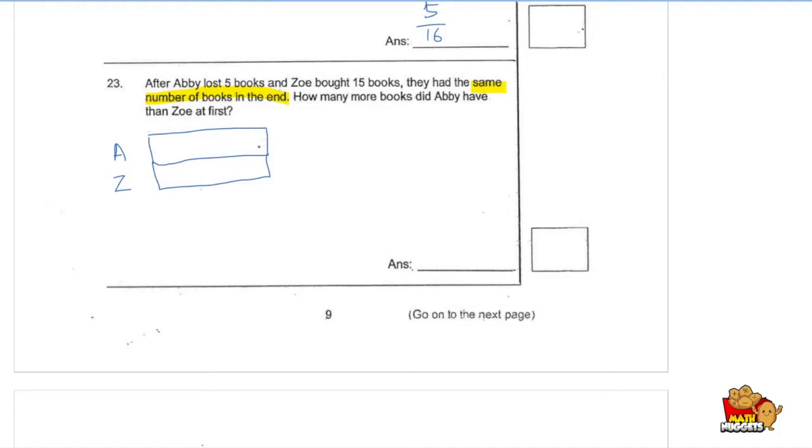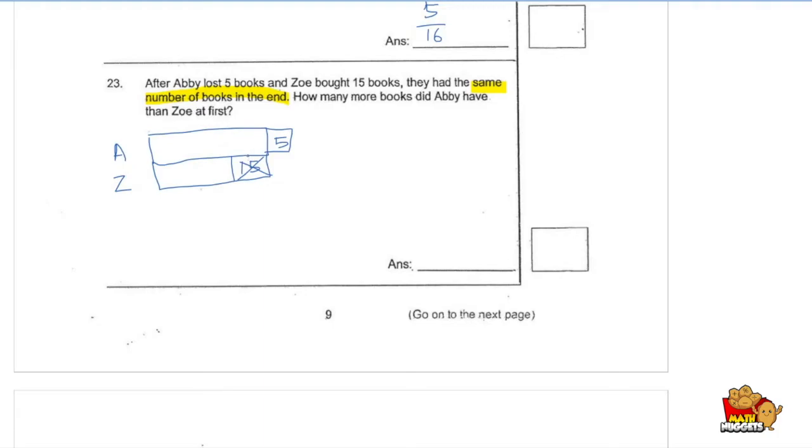I work backwards. Remember, when you work backwards, you do the opposite of what the question says. Now Abby lost 5. I'm going to put back 5 for Abby. Now Zoe bought 15. I'm going to take out 15 for Zoe. At first, she didn't have this.